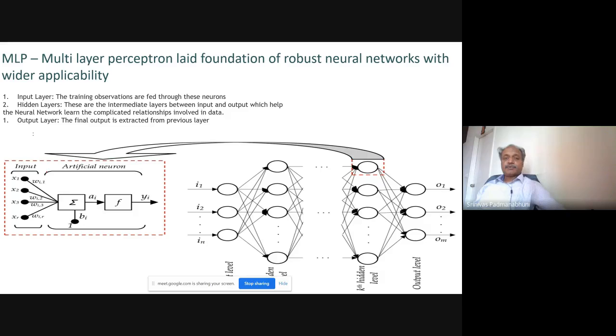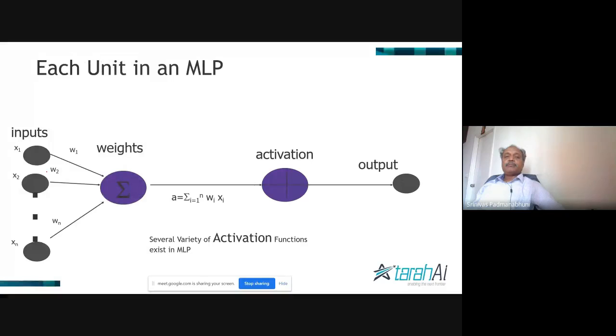But when people started saying multi-layer perceptrons are good because they can handle more complex functions, the idea was further expanded by saying that I don't need only a threshold function as my nonlinear activation. I can have several kinds of activation functions which operate on the output sigma w x i.